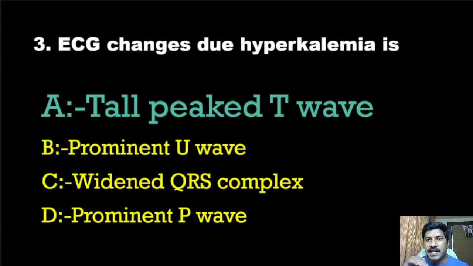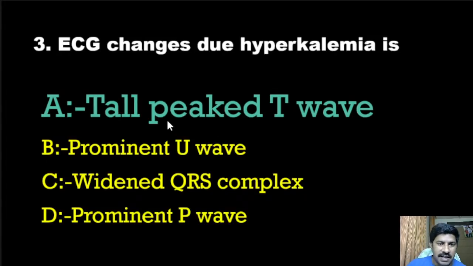In that condition we can see inverted P wave, downside curve. Normally the rhythm is initiating from the SA node, but if it is arising other than the SA node, that is known as ectopic atrial rhythm. In that case we can see inverted P wave.